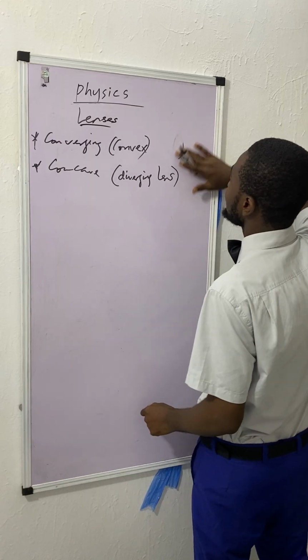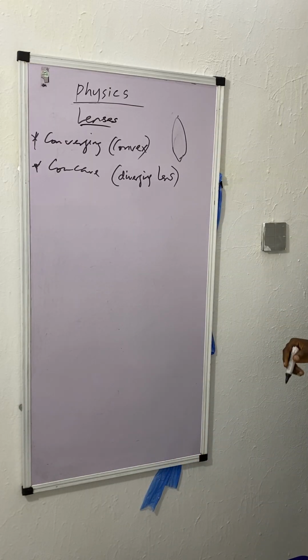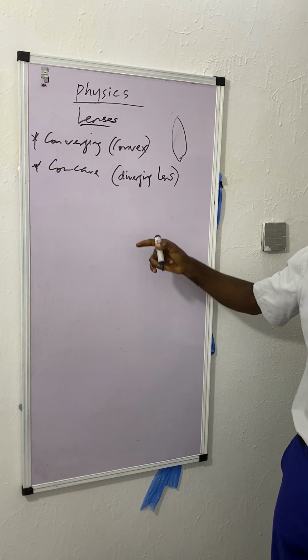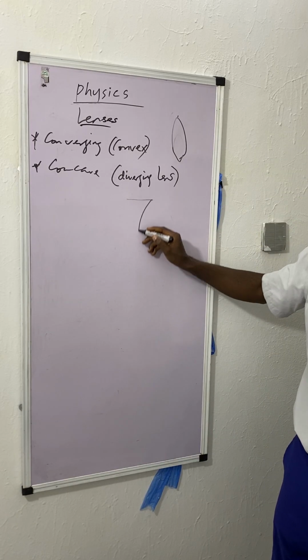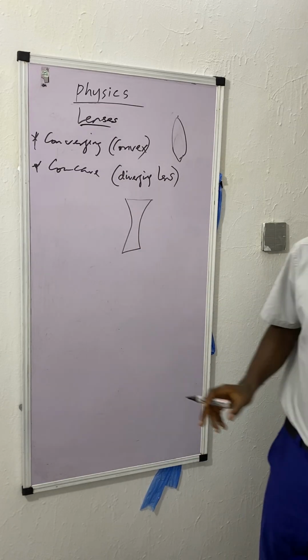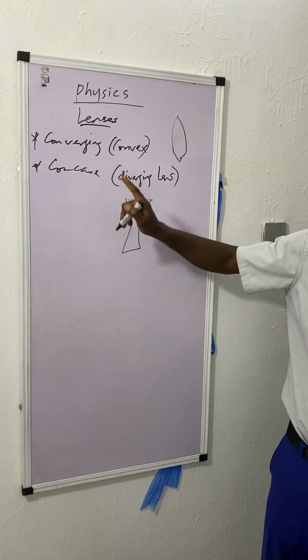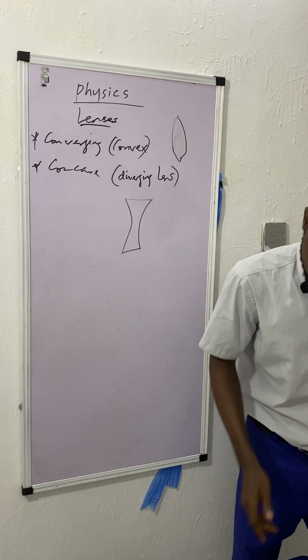So a convex lens is like this. While the concave lens has a thin middle and thicker edges, like this. This one is concave. So this one is a converging lens. This one is a diverging lens. It diverges light.